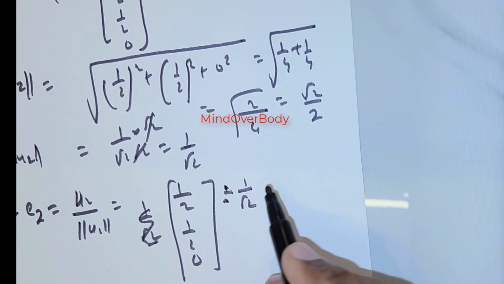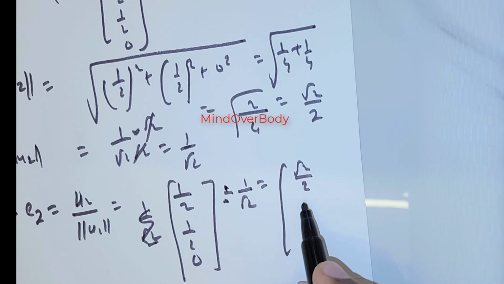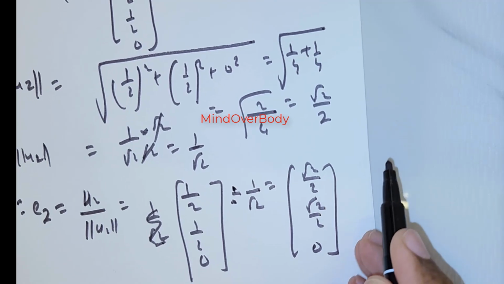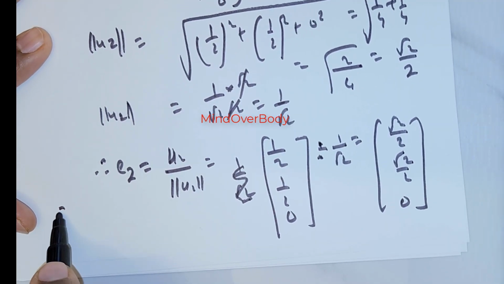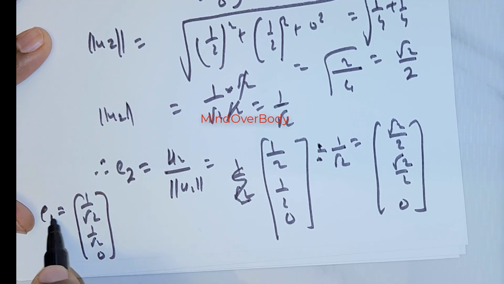Dividing by 1 over root 2 gives root 2 over 2, root 2 over 2 and 0, which is equal to 1 over root 2, 1 over root 2 and 0. So this is my E2.